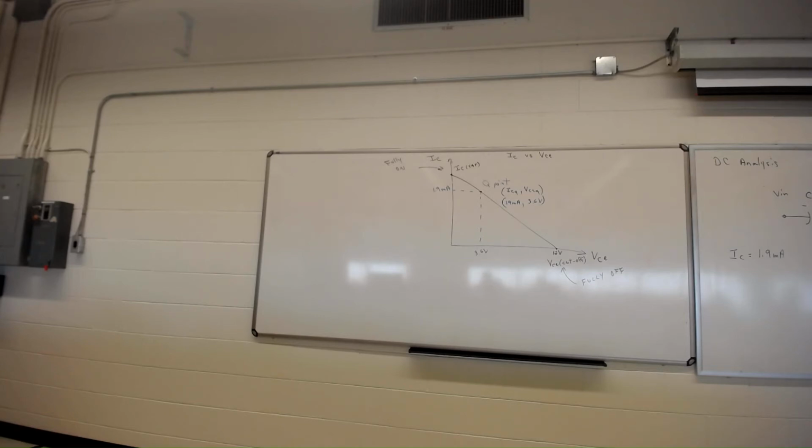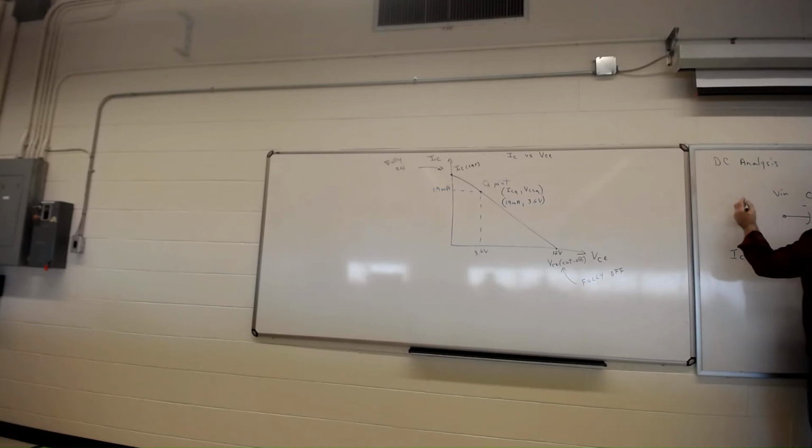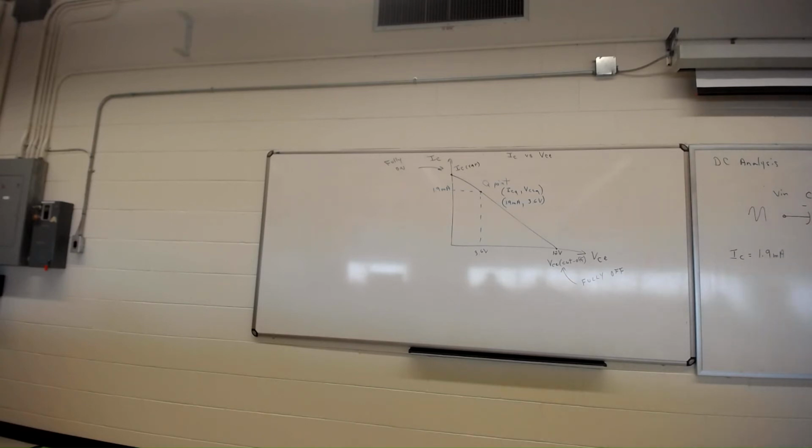And C1 and C2 are going to be referred to as coupling capacitors. So the little signal we're going to put in, I'll just put a sine wave, it could be anything, is going to go through C1, and the signal is going to come out.